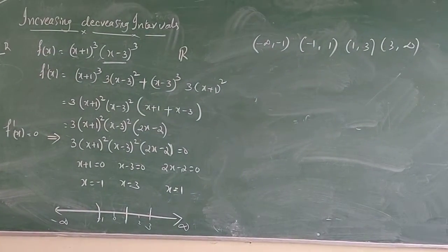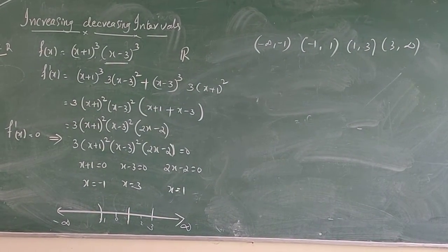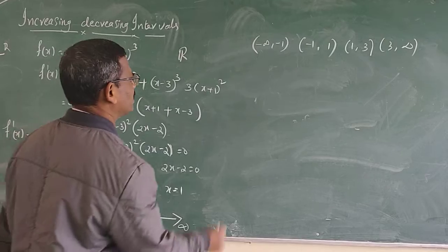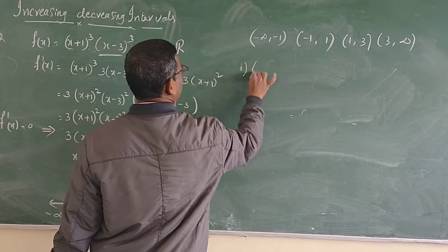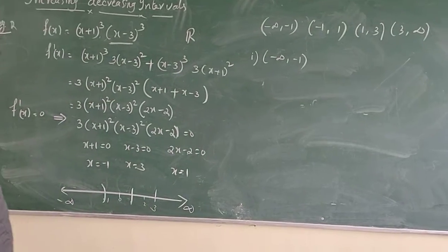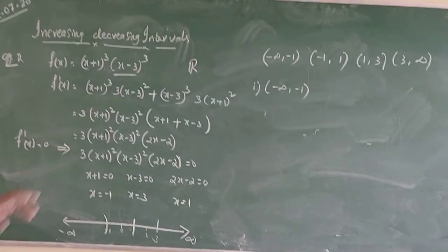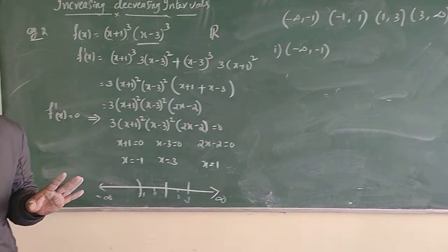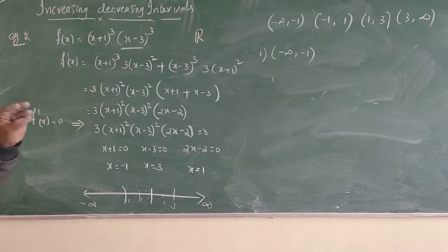Now these 4 intervals are checked one by one, whether it is an increasing interval or a decreasing interval. So let us take the first one, minus infinity to -1. We have to check in this interval whether f' is positive or negative. What is the normal way?